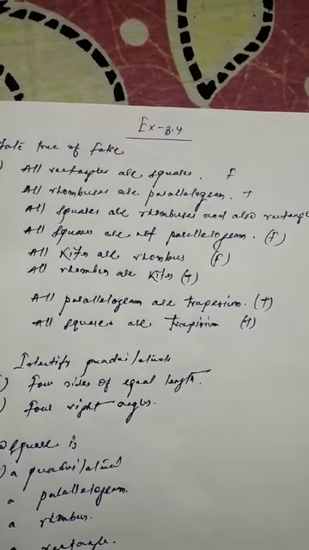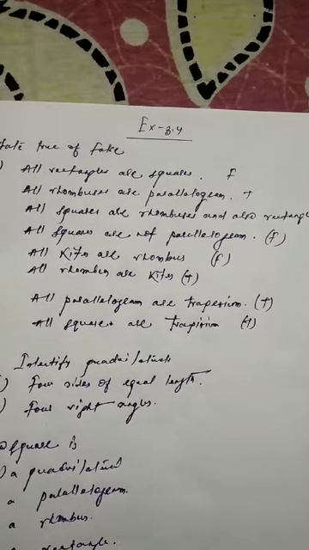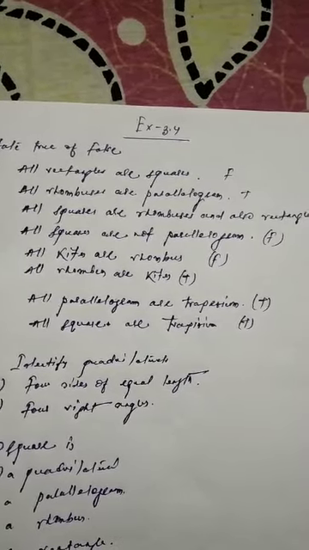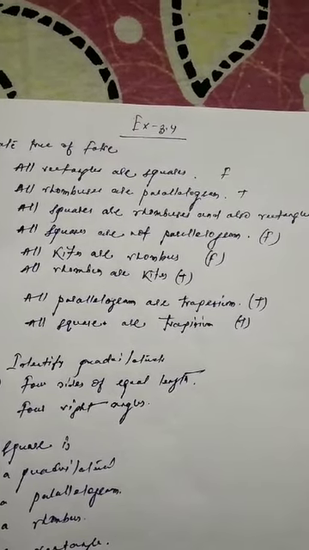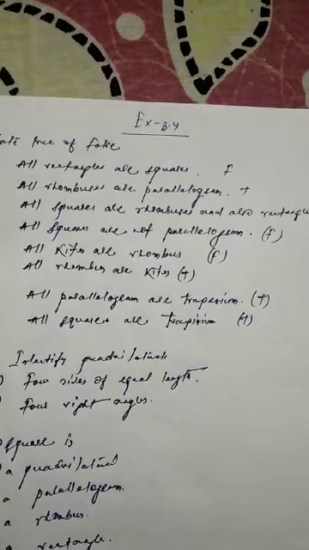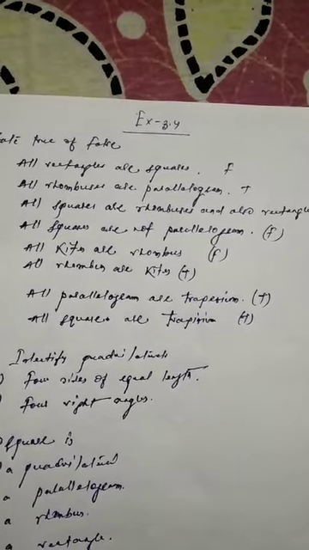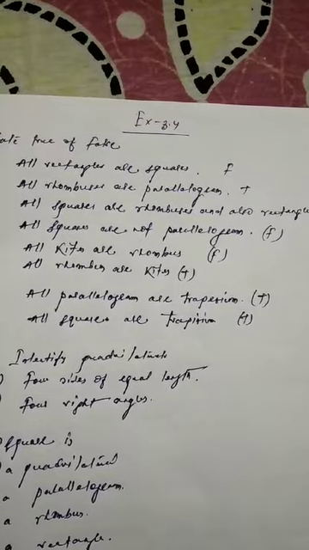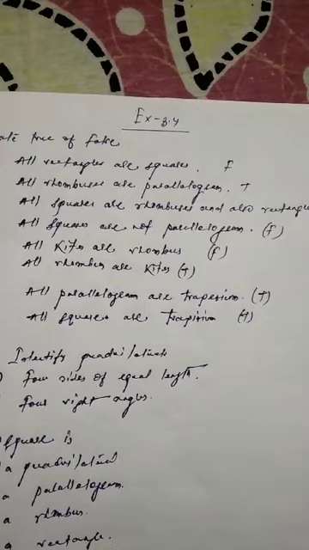In a square, diagonals are perpendicular bisectors; in a rhombus also, diagonals are perpendicular bisectors. So we can say that all squares are rhombuses. We could also explain that squares are parallelograms and rhombuses are also parallelograms.